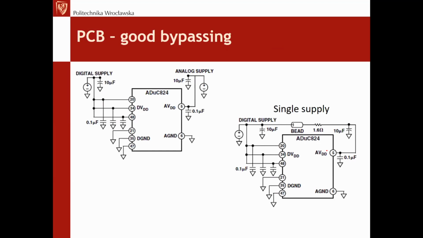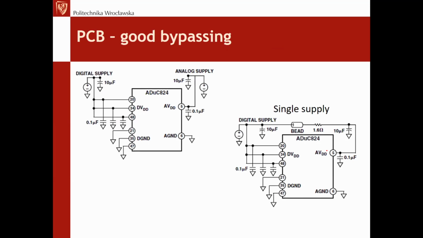Besides the good grounding, the power supply is also a bit less critical, because we mentioned the power supply delivery, and if we have a good and low impedance ground, then we can also filter the power supply noises quite efficiently.